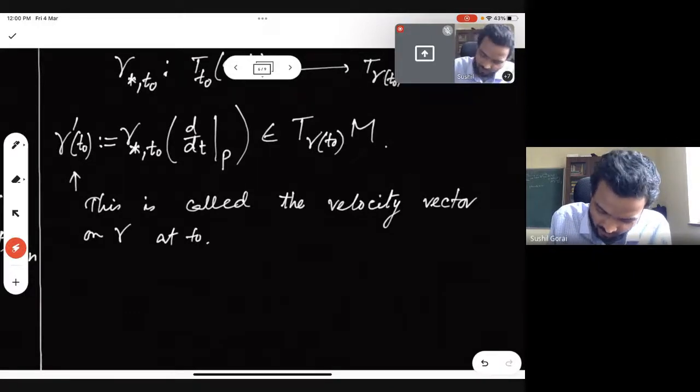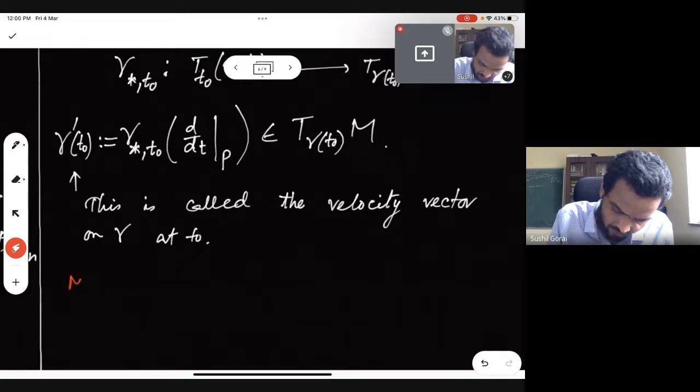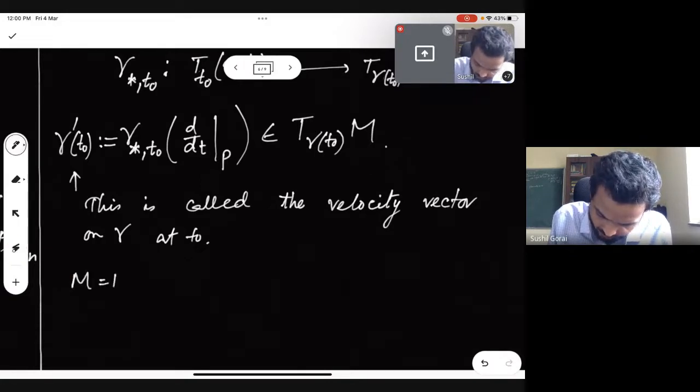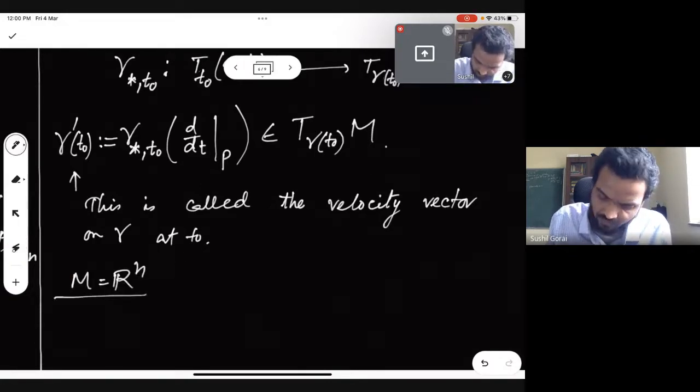Maybe let's just calculate. When M is Rn, then what happens?